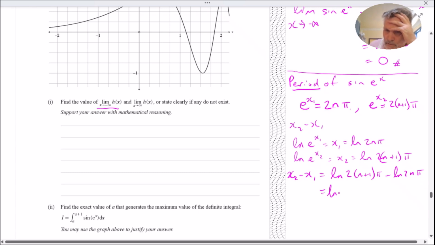That's the logarithm of 2 plus the logarithm of n plus 1 plus the logarithm of pi. Take off the logarithm of 2, take off the logarithm of n, and take off the logarithm of pi.